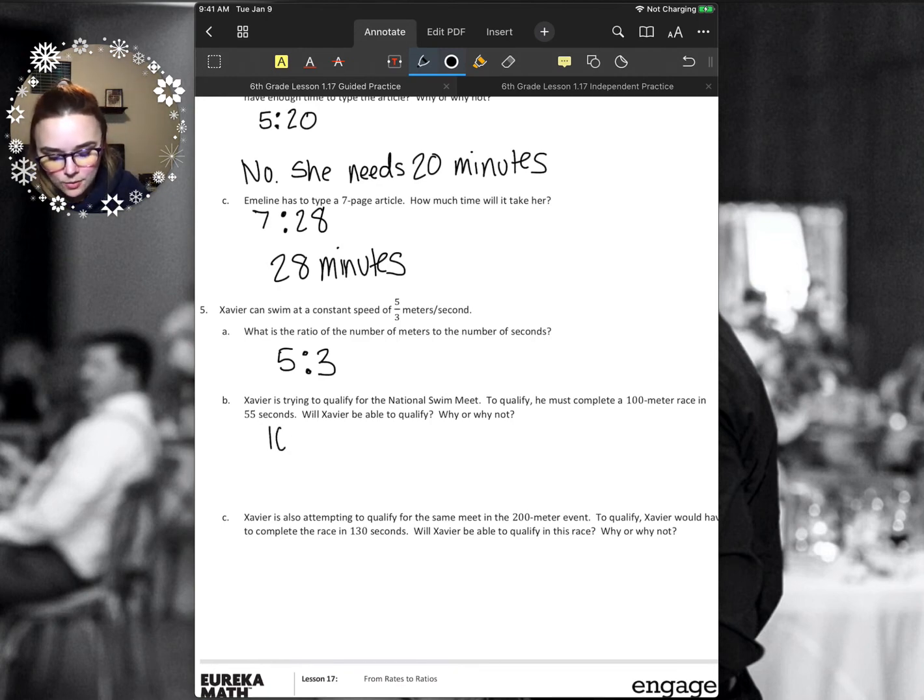So 5 times 20 gives us 100. And then 3 times 20 gives us 60 seconds. So, no, Xavier won't qualify, because it will take him 60 seconds to swim the 100 meters.